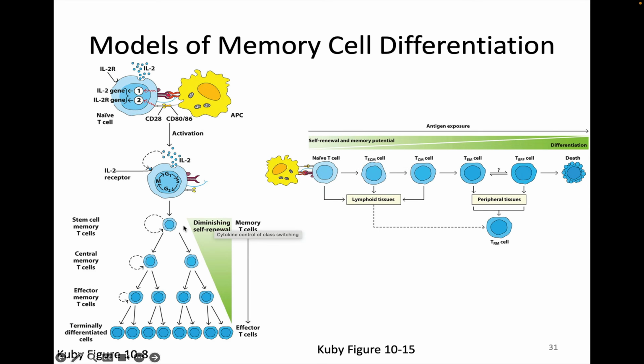And then as that cell gets more and more antigen, a harder and harder signal, that cell will eventually become an effector cell, where it will have less ability to self-renew. So in some ways, we think that it might be the opposite, that the effector cell is the one that got the strongest signal, and we don't think that they can go back to becoming a memory cell at this point.